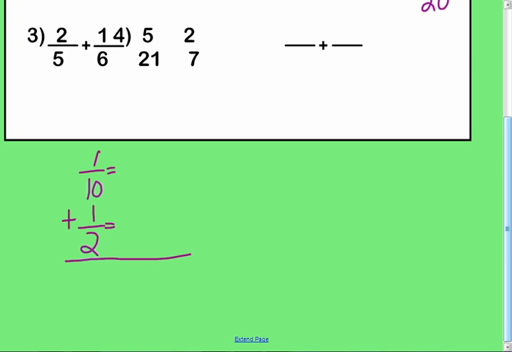Okay, Missy? But is there a smaller number that 2 and 10 will divide into? No, I want a number that 10 divides into. You could write out the multiples. Like 10 times 1, 10 times 2, 10 times 3.